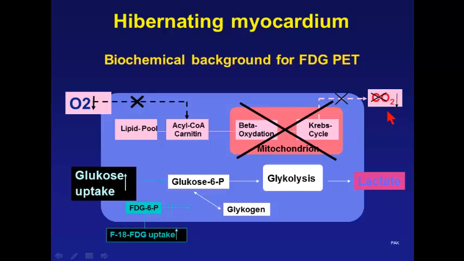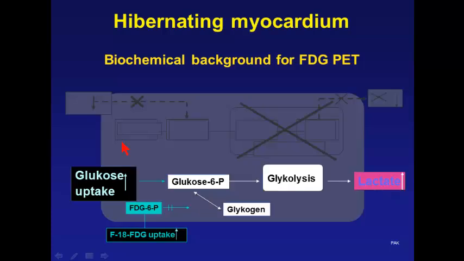Now, if the oxygen supply is decreased, then the myocyte has the ability to change the balance a little bit towards less use of fatty acids and more use of glucose, and then we have the glycolysis with lactate production, and so we change now a bit more into this axis here.